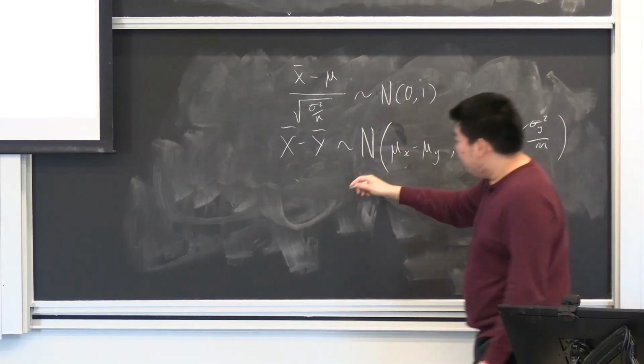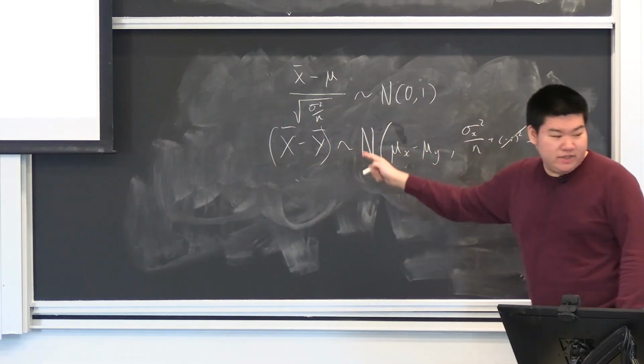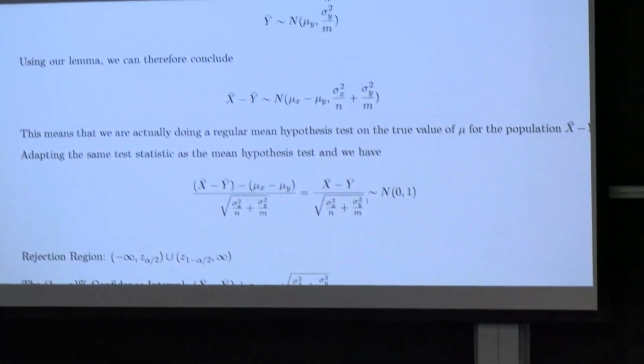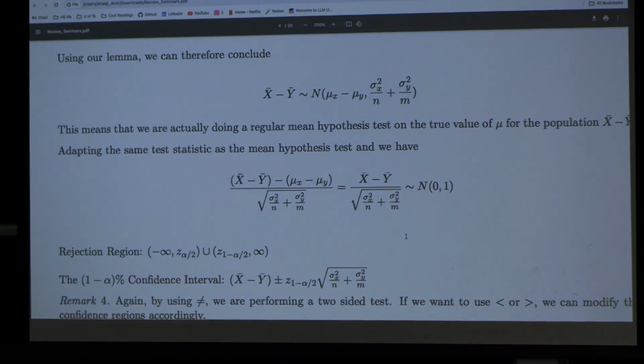And now, this itself is its own statistic. It's also normally distributed, and that is where your test statistic comes about. Then, using the same logic, we have our two-sided rejection region, and we can also use the same logic for greater than or less than. We can split that rejection region into its two halves.